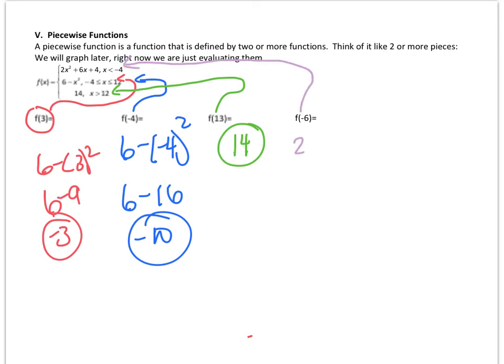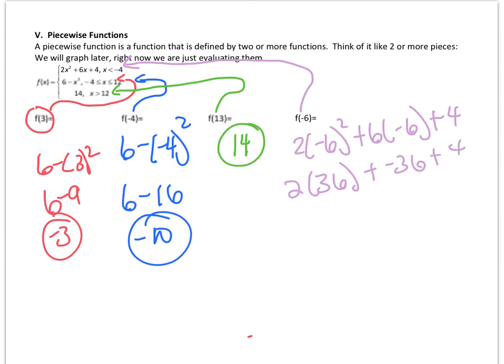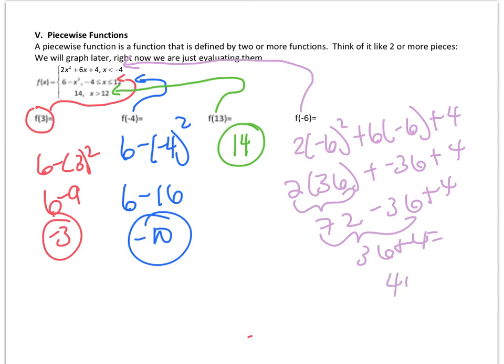So I'm going to plug negative 6 into my function and simplify. So 2 times negative 6 squared is 72, minus 36 plus 4. 72 minus 36 is 36. 36 plus 4 is going to give me 40. And that is the end of 1.1.